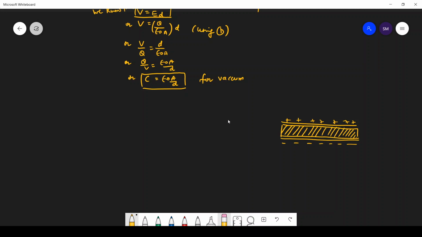So what will be the impact of this dielectric on the capacitance of the capacitor? What do you want? You want capacitance to be more? Yes, you want more. You want to store more electric energy in the capacitor. That is the purpose of capacitor, to store electrostatic potential energy. So we want this capacitance to be more. So for that we are inserting dielectric.